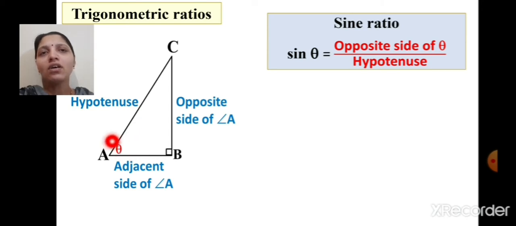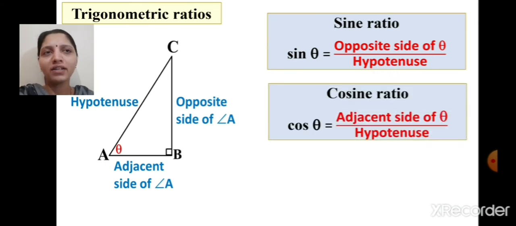Here we have used theta, so angle A is theta, so our ratio will be sine theta. That is equal to opposite side of angle A, or opposite side of theta, upon hypotenuse. So that way you have to write the sine theta ratio. Then the second ratio is cosine theta.